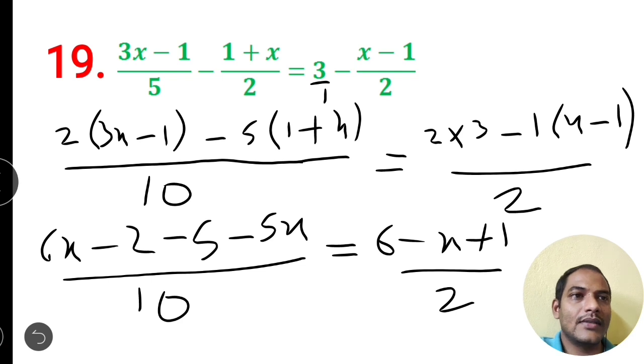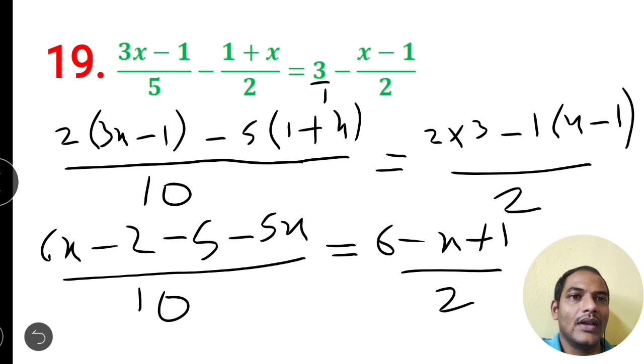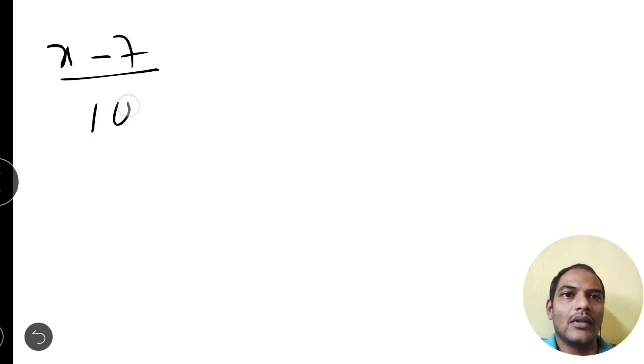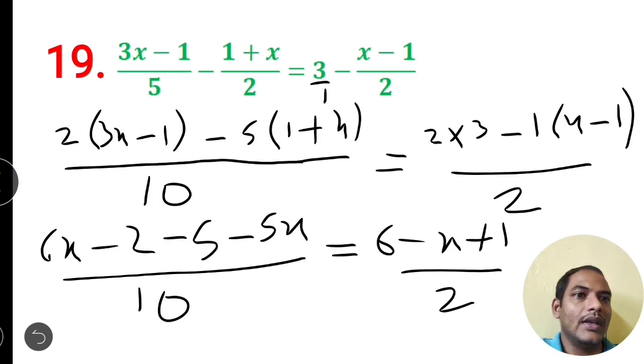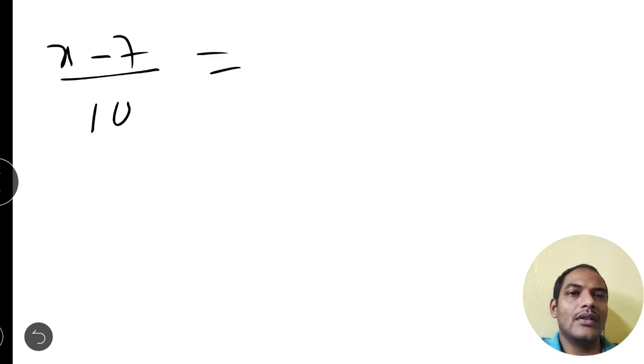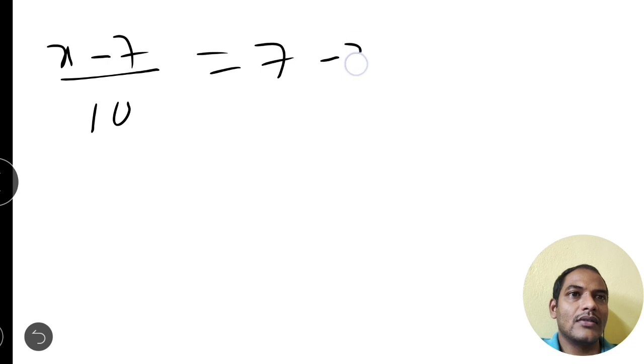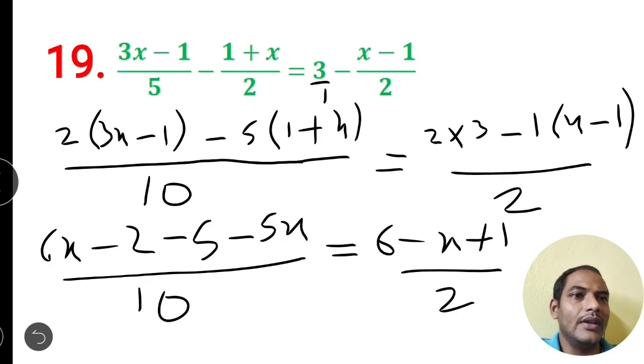Now 6x minus 5x is just x, and minus 2 minus 5 is minus 7, divided by 10 equals, here 6 plus 1 is 7, minus x divided by 2.